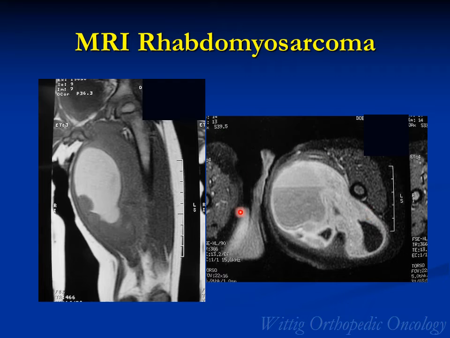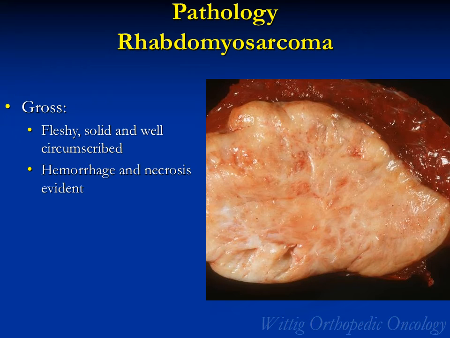If you see this in a skeletally immature patient, the first thought should be that this could be a rhabdomyosarcoma. This is showing you the gross pathology of a rhabdomyosarcoma. It's usually very fleshy, similar to other sarcomas, and there may be areas of hemorrhage and necrosis within it, similar to other high-grade sarcomas.